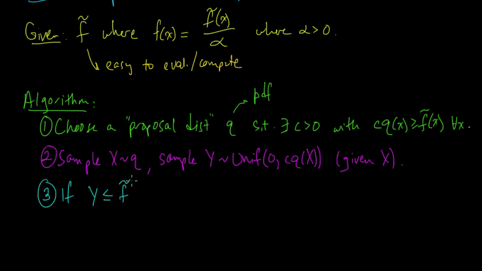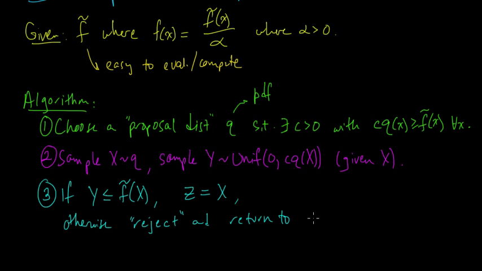So if y is less or equal to f tilde of capital X, then we take some new random variable z to be equal to X, and otherwise we reject, quote unquote, this sample that we got from step 2 and return to step 2. So if we reject, we go back to 2 and we try again.